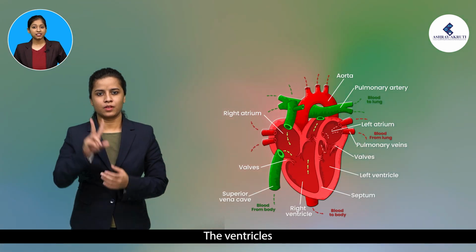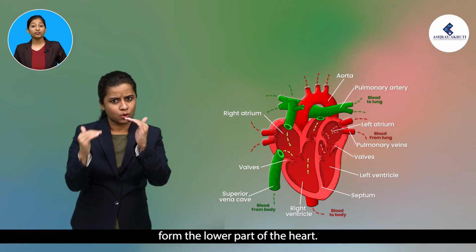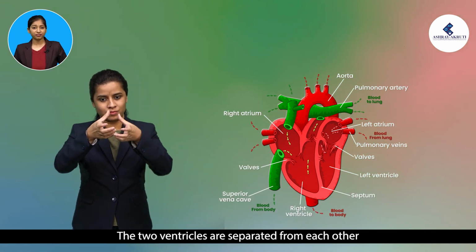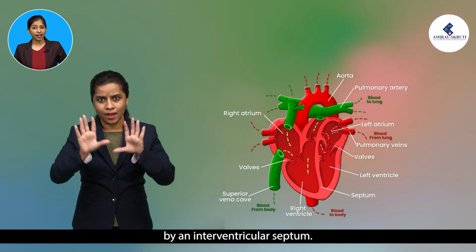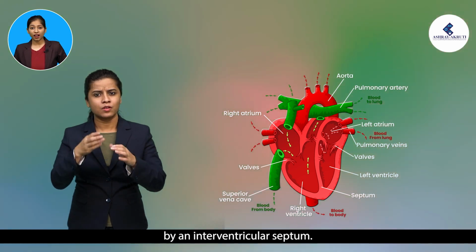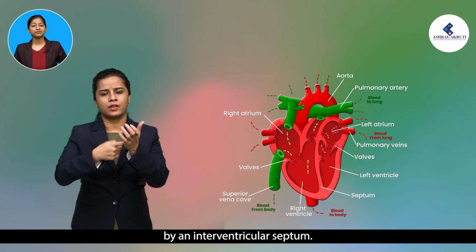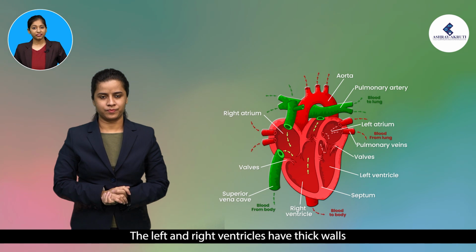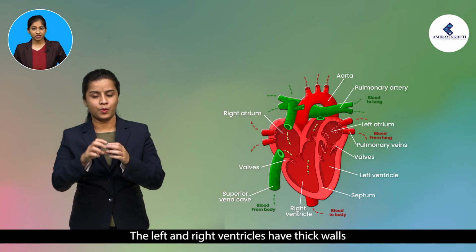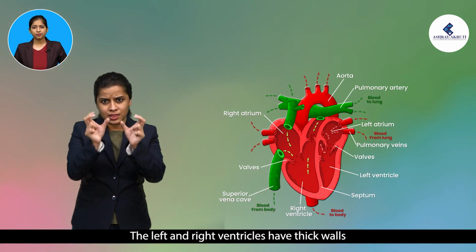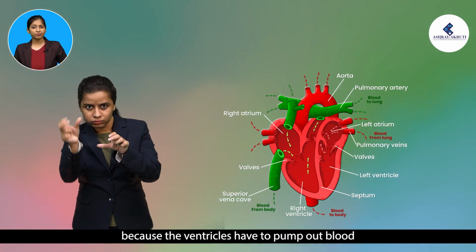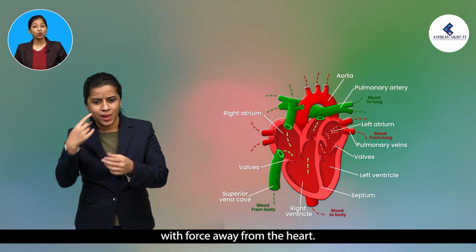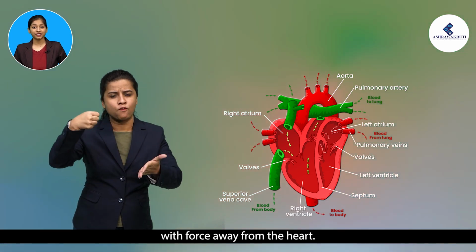The ventricles form the lower part of the heart. The two ventricles are separated from each other by an interventricular septum. The left and right ventricles have thick walls because the ventricles have to pump out blood with force away from the heart.